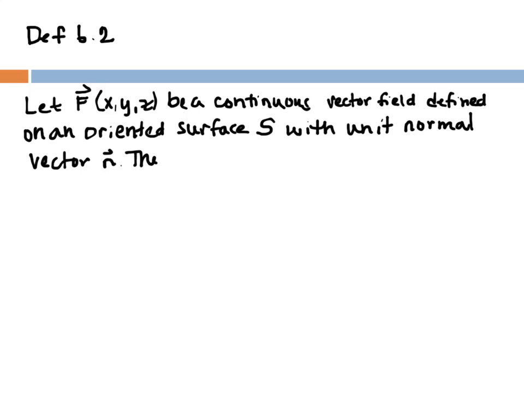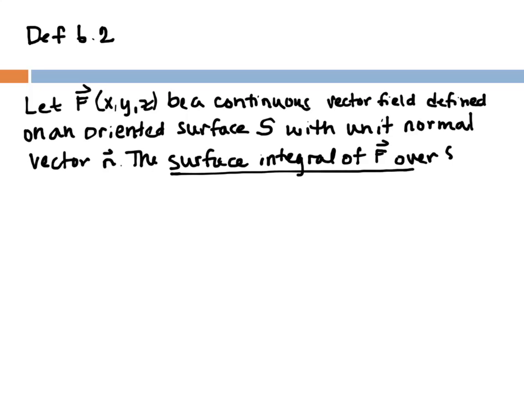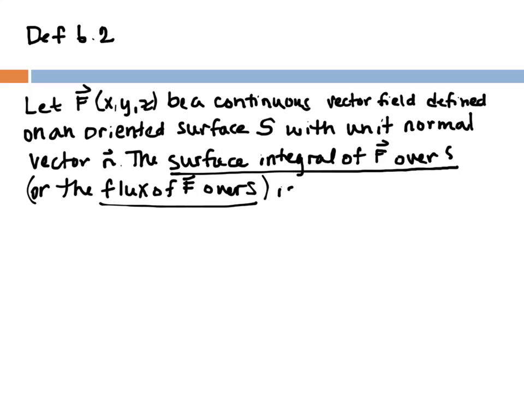The surface integral of F over S, which has another name that you may have heard before, the flux of F over S, is given by this formula: the double integral over the surface S of the dot product of the vector field F and the normal vector n.